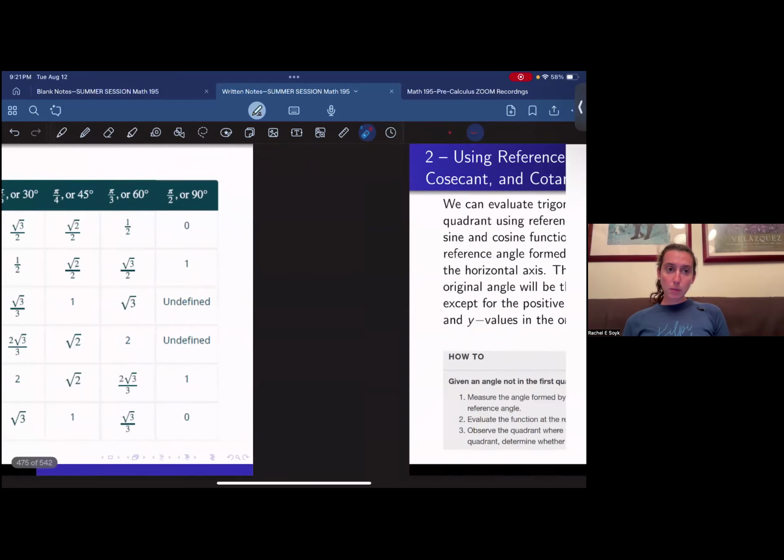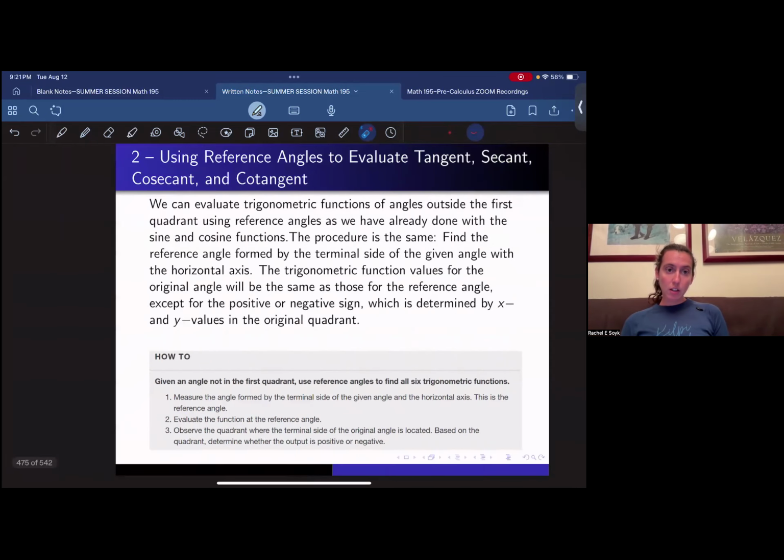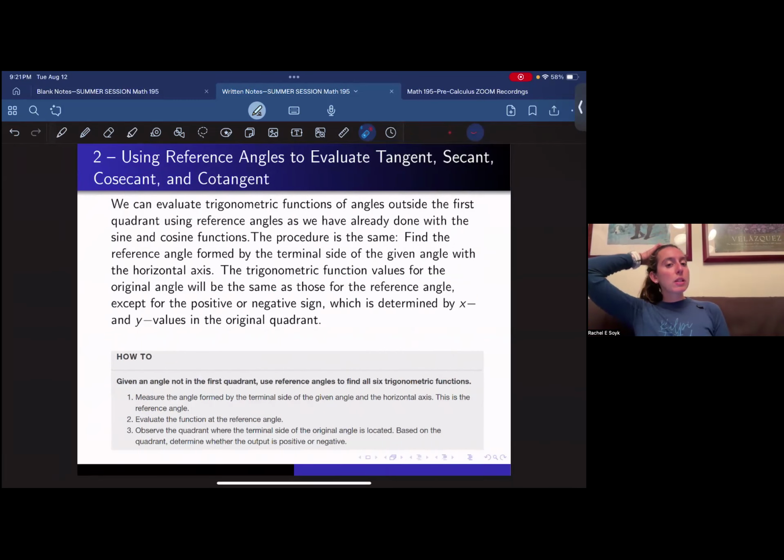And so now this moves on to our second objective, really using our reference angles with our reciprocal famous trig functions. Our reciprocal of sine, which is cosecant, our reciprocal of cosine, which is secant, and then our reciprocal of tangent, which is cotangent.